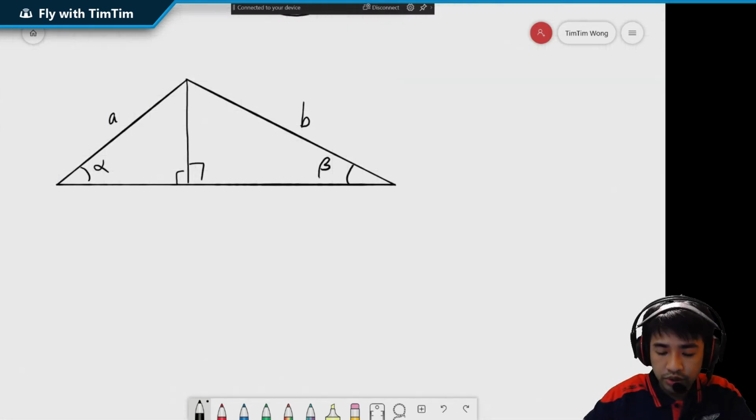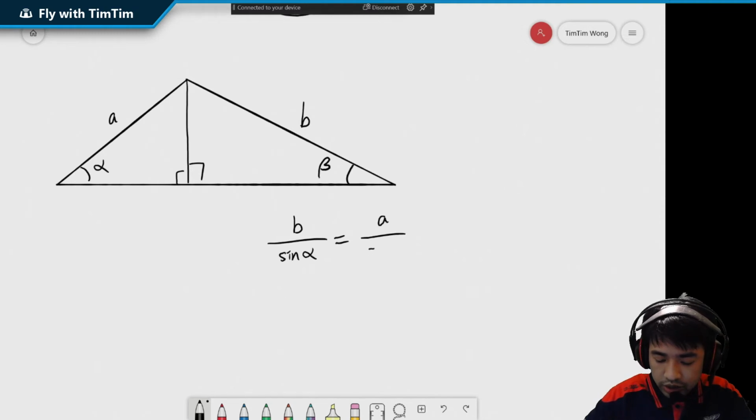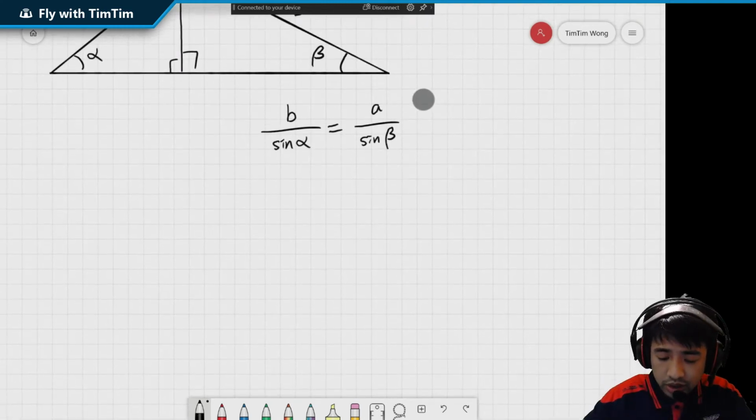Mathematicians have proved that opposite angle has a special relationship called the law of sines. Side B over sine alpha equals A over sine beta. It's already proven. Just memorize that.